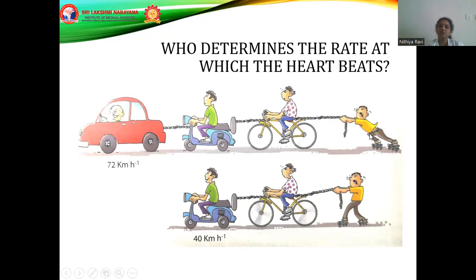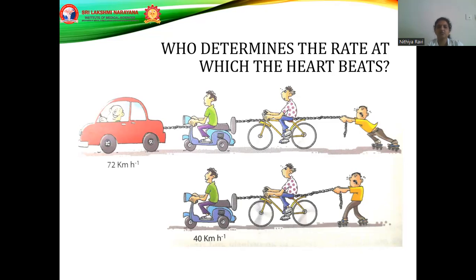Whatever the speed of the person using a skater, a bicycle or a scooter, if the car drives at a particular speed, all of them will be pulled at the same speed. So who determines the rate here? It is the car. The speed at which the car moves determines the speed at which the entire setup moves.